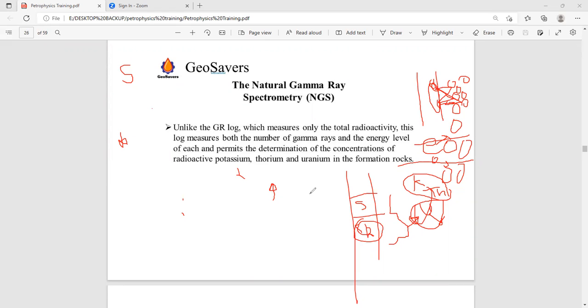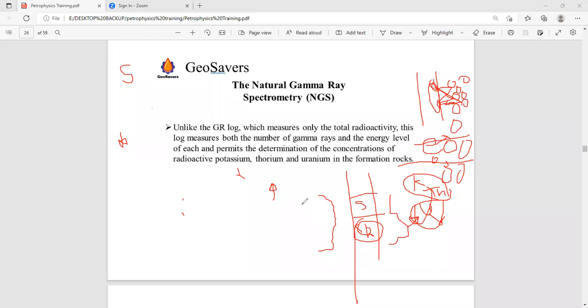But you may have a situation where instead of having low gamma ray here, you have high gamma ray. Then you start asking yourself, probably you already know the stratigraphy of that particular area, what is happening in this area?